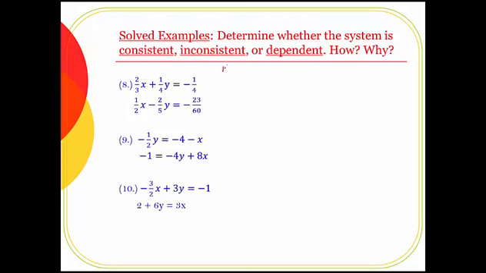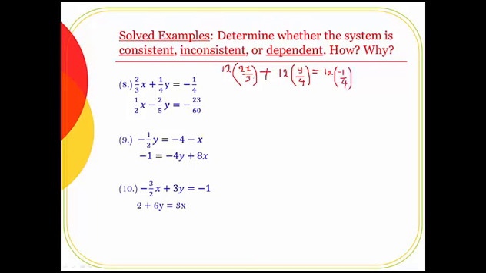So this is 12 times 2x over 3, then plus 12 times 1y over 4. If you want to put 1, that's fine. I'll just put y over 4, equal to 12 times negative 1 over 4.